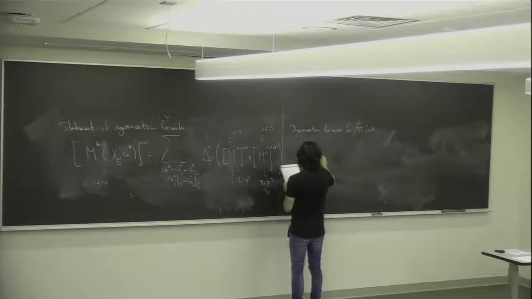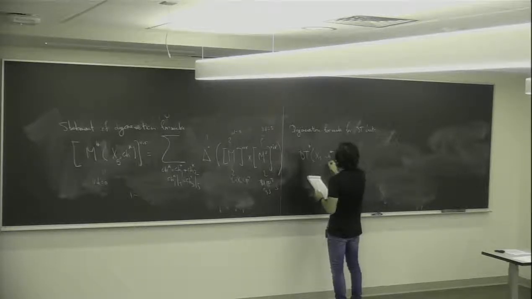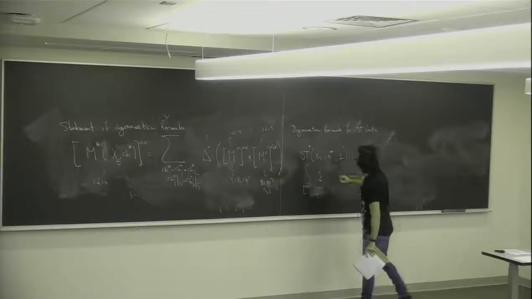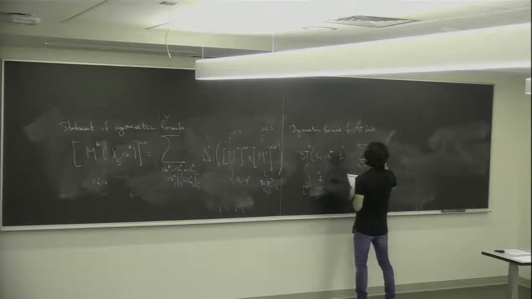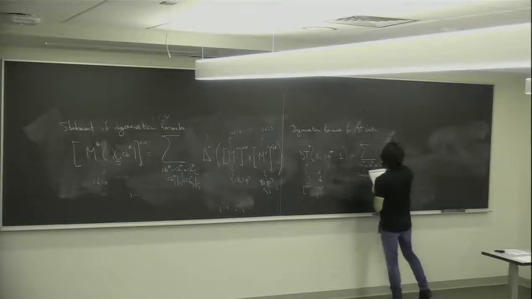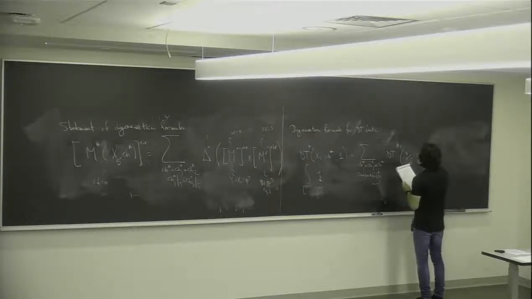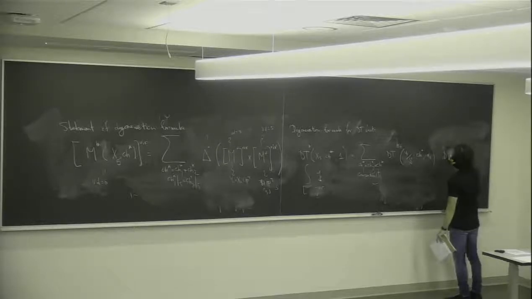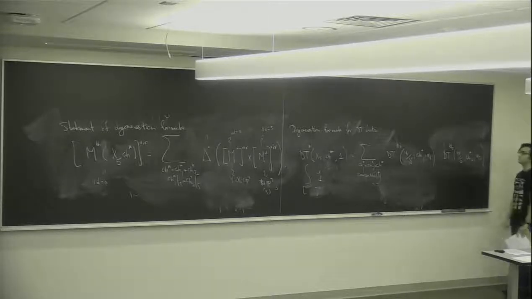DT invariants of X5 with Chern character H, stable sheaves on X with Chern character star, which are given as integrals of 1, are going to be equal to the sum over Chern star 1 plus Chern star 2 equal to Chern star, plus compatibility, of DT invariants of H2 stable sheaves on the relative moduli space of Y1 relative to S, Chern star 1, where I need to be integrating some class alpha 1, times DT invariants of H2 stable sheaves on Y2 relative to S, Chern star 2, where I need to be integrating some class alpha 2.